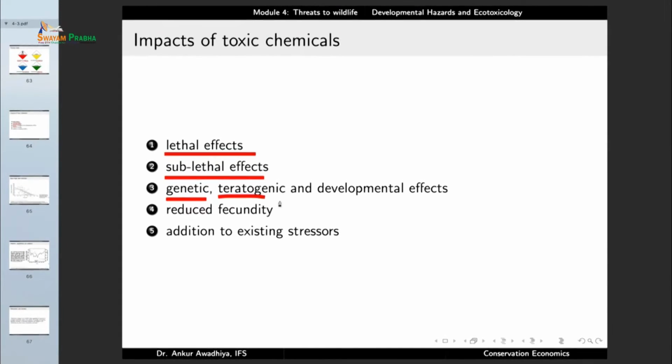Certain others have teratogenic and developmental effects. Now, teratos means a monster and genesis means production.